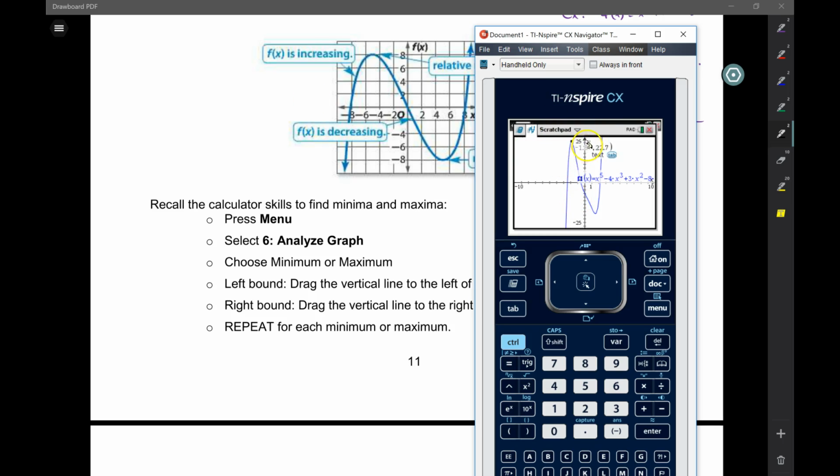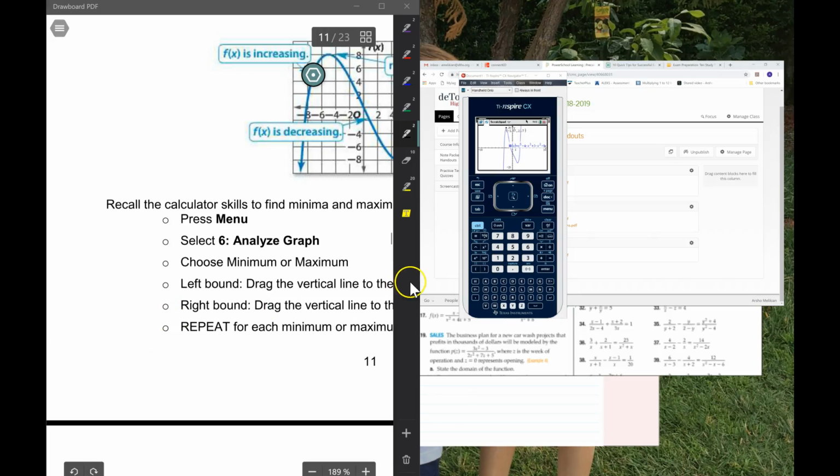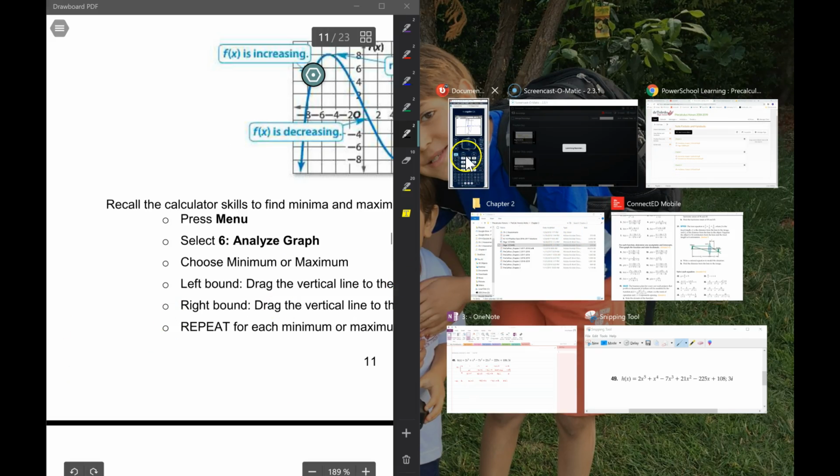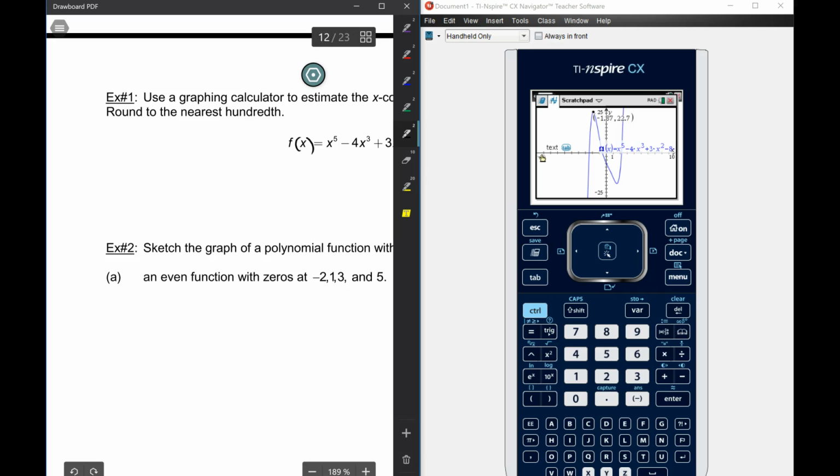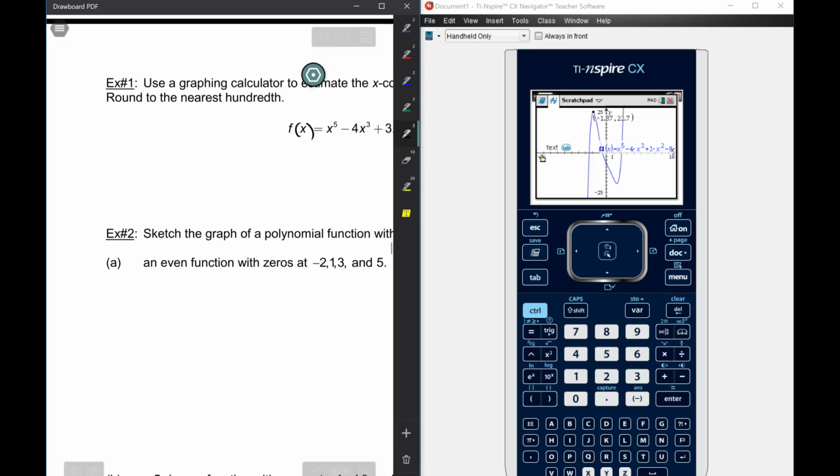Enter. And there's your point, negative 1.87, 22.7. It should be the same. Did everybody else get 22.7? So we say relative max. We say it's at negative 1.87, comma 22.7.